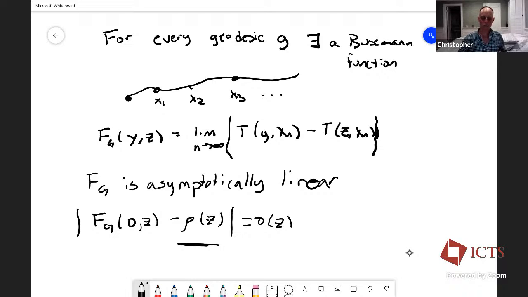But the thing that I said was a little bit stronger, which is that for every geodesic, the Busemann function is asymptotically linear. And we don't know, though, that for every geodesic there's going to be some stationary distribution. In the directions where I get multiple geodesics, I'm not really sure I can say that one or the other of those gives me a stationary distribution.